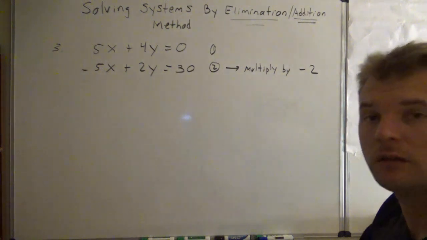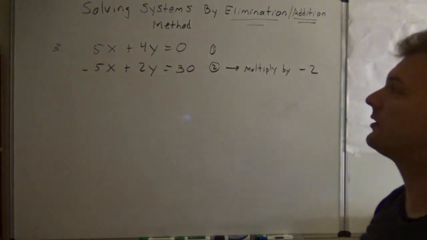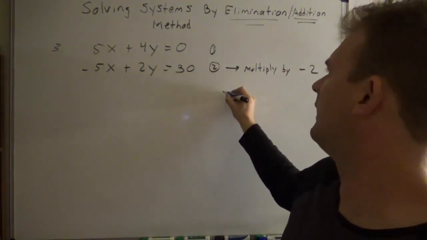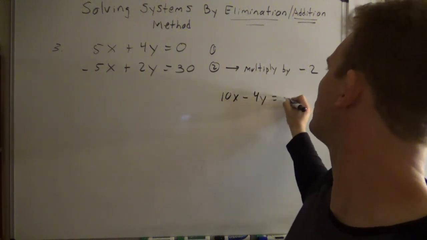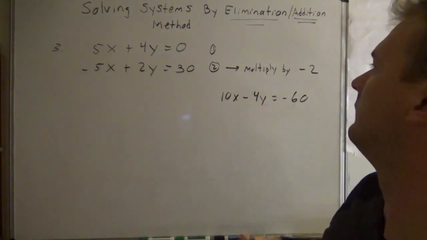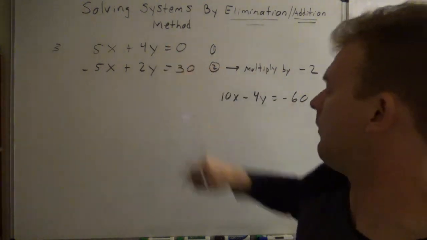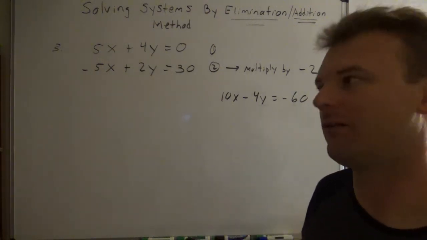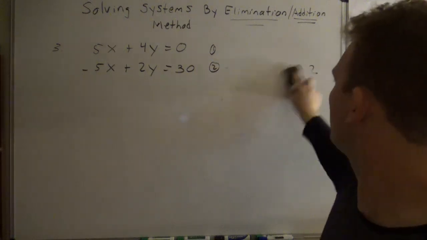That would work. If you multiplied this whole bottom by negative 2, you get 10x minus 4y equals negative 60. Of course, then you could eliminate the y's. But I wouldn't do that. That just makes it longer than I don't really need. So you could do it this way, but I'm not.